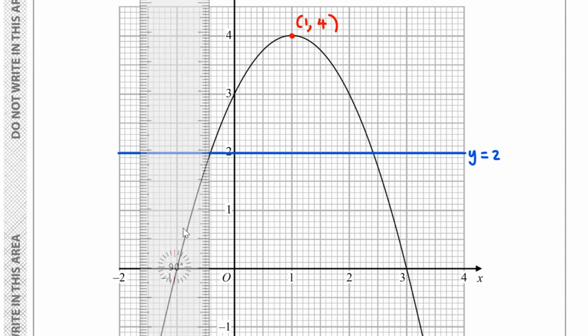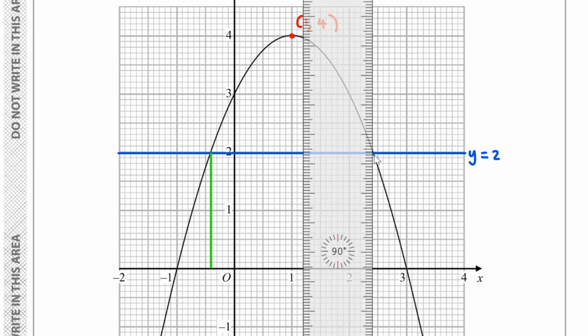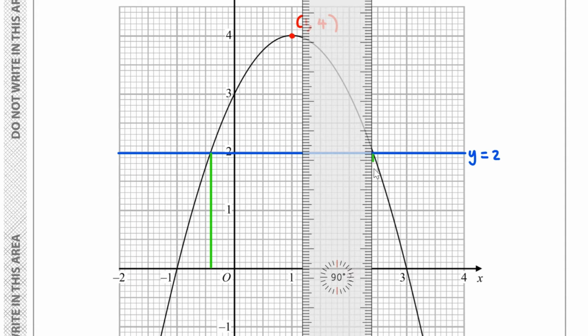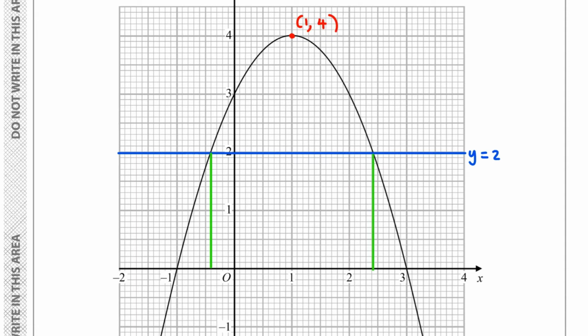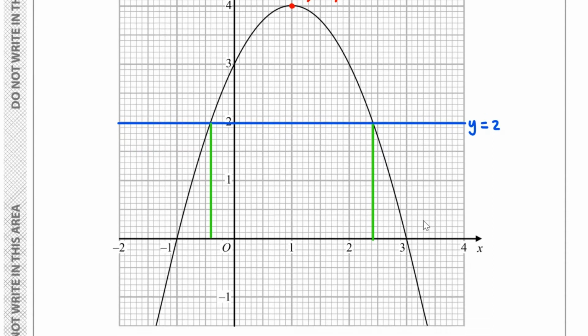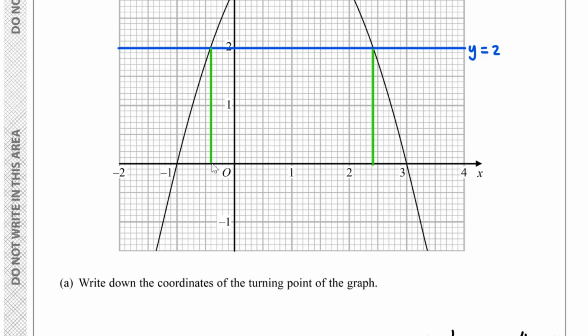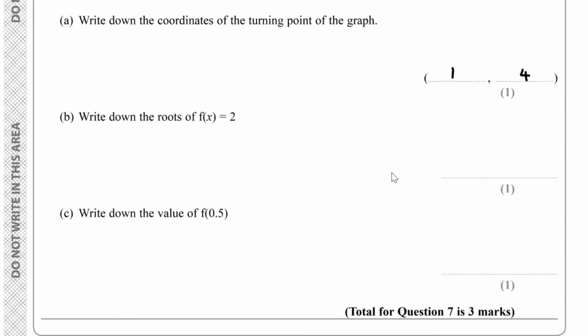So we have a solution here, and we also have another solution here. So we have a solution at x equals minus 0.4 and x equals 2.4. So the roots to this equation are x equals minus 0.4 and 2.4.